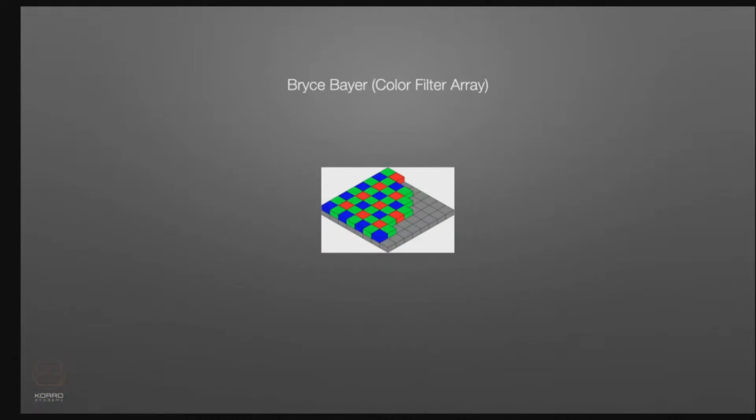array. A guy called Bryce Bayer, who worked for Kodak at the time, I think this was the late 70s, came up with the CFA, the color filter array, which is a very simple way of applying a mosaic filter over the top of the photosites.